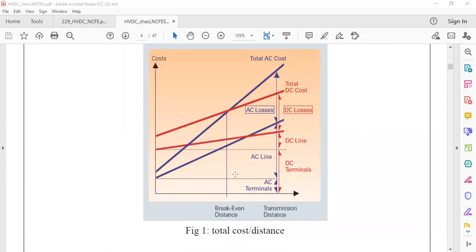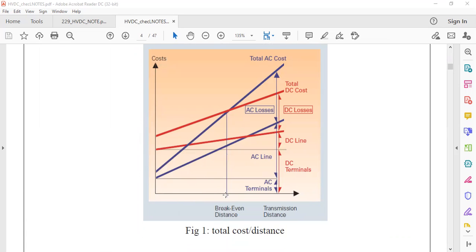The plot is total cost versus distance, and just before that there is a break-even distance. Here I mention the break-even distance.